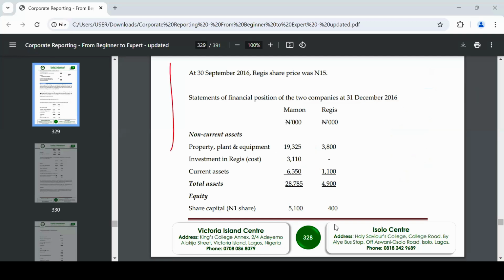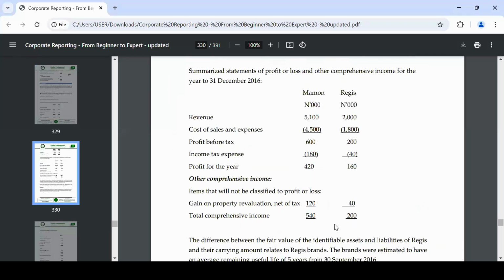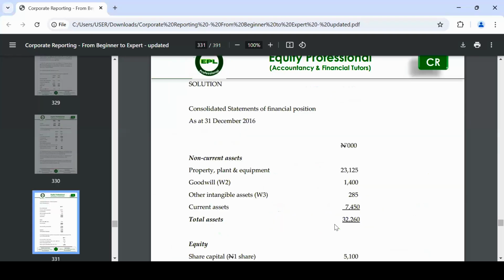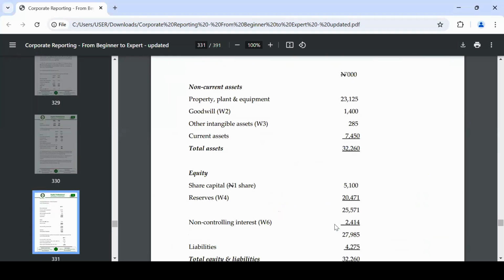Let's look at it. So that's what you have here, like I mentioned earlier. However, this one is straightforward. Share capital of the subsidiary has been cancelled out, so it's only the share capital of the parent you are going to see.